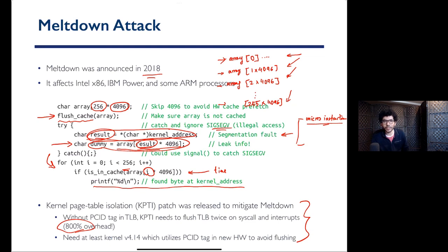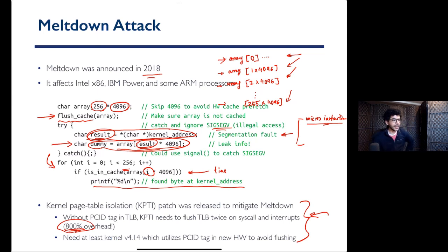As I discussed, this means that every single interrupt handler and system call handler will have to do the translation, but at least it's safe. So these patches will solve the Meltdown issue, but they have high overhead.